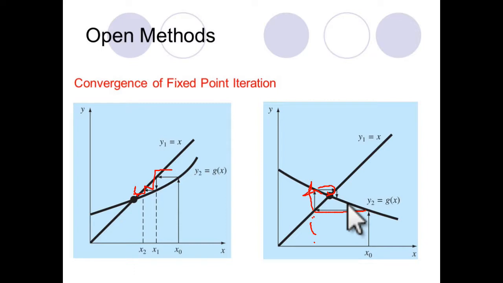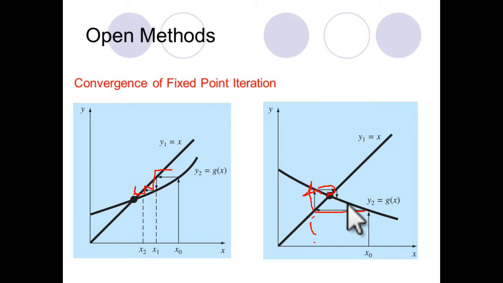We will see why it is like this. But again, if you draw a line perpendicular to y1 equal to x, you see that the absolute value of the slope is smaller than 1.